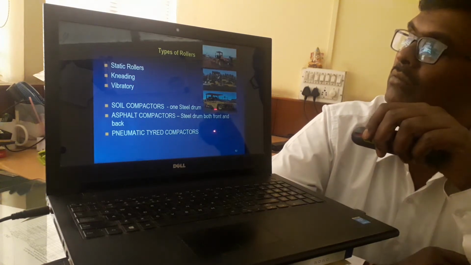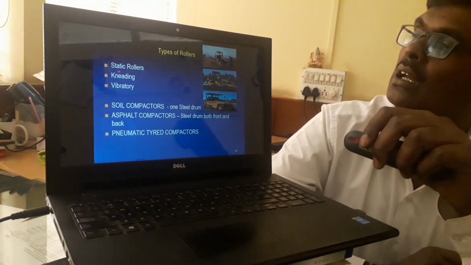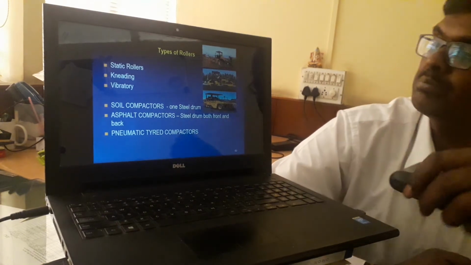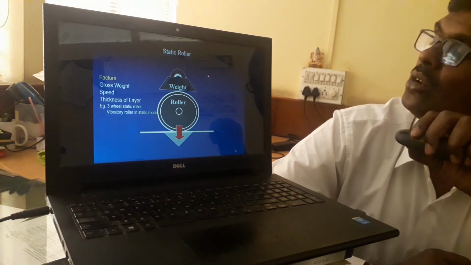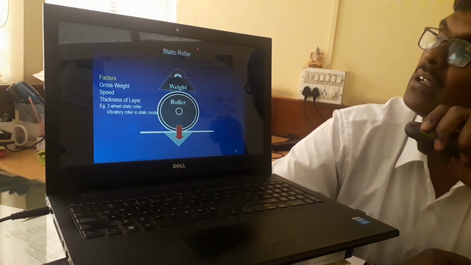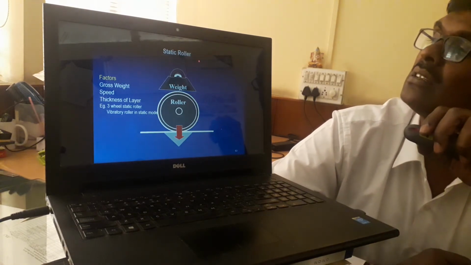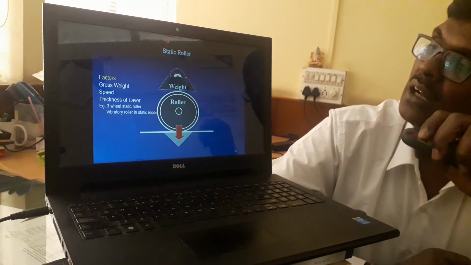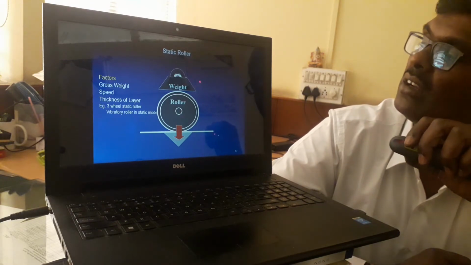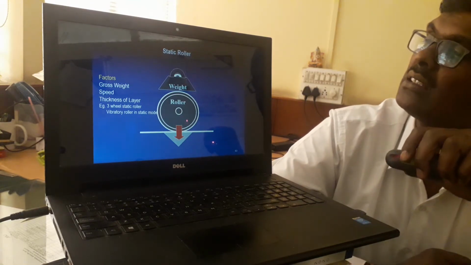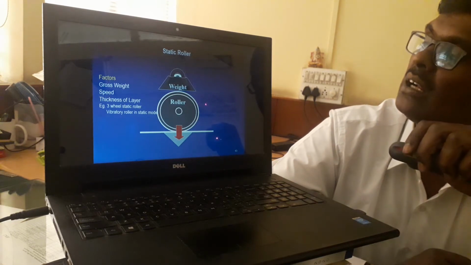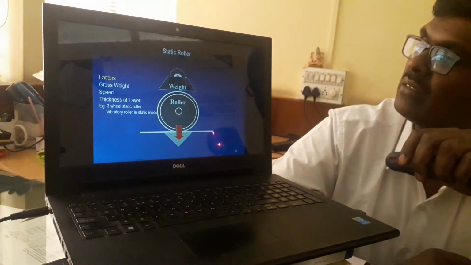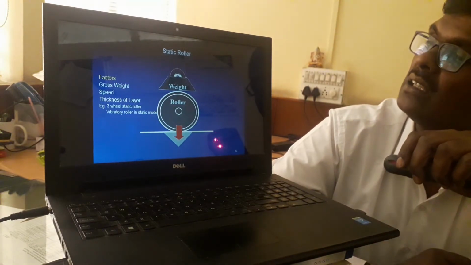A pneumatic roller is a kneading compactor. If you take the static roller, the compaction the roller achieves depends on the dead weight or gross weight of the roller, the speed of the rolling operation, and the thickness of the mat or layer.